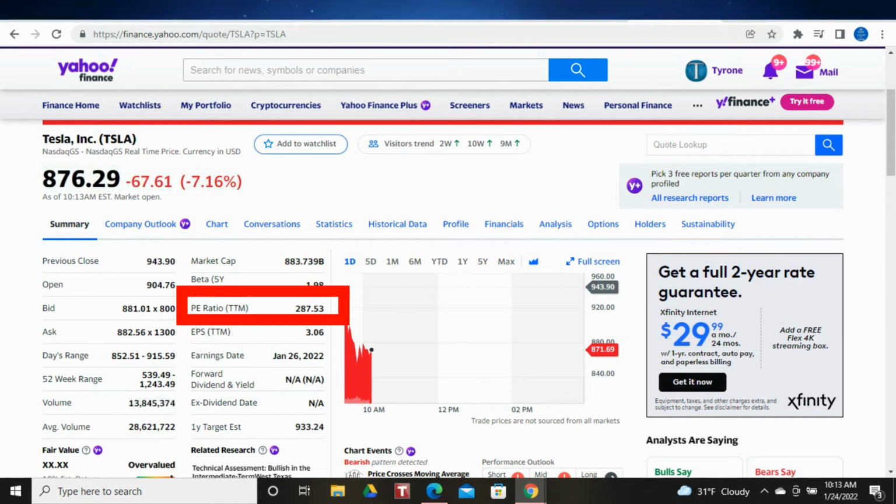So a high PE ratio suggests that the market as a whole could be overvalued, or this company could be overvalued, especially if their earnings are decreasing. Okay, so keep an eye on that, right? You've got to understand, in order to figure out whether or not the company's earnings are increasing or decreasing, you need to pay attention to their quarterly reports.